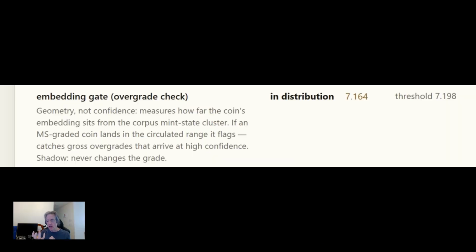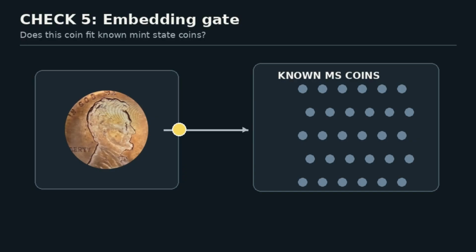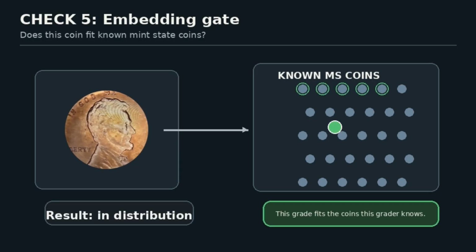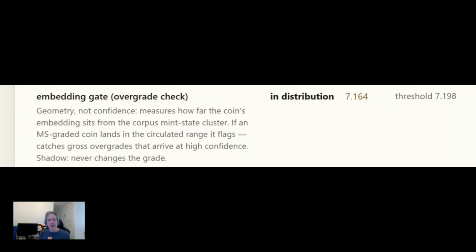This embedding gate is taking a look at this coin, looking at the nearest neighbors for it, and seeing if they all are at least generally in the right area. It's not a great way to grade, but it's a good double check to make sure that the grade is approximately in the right boundary.